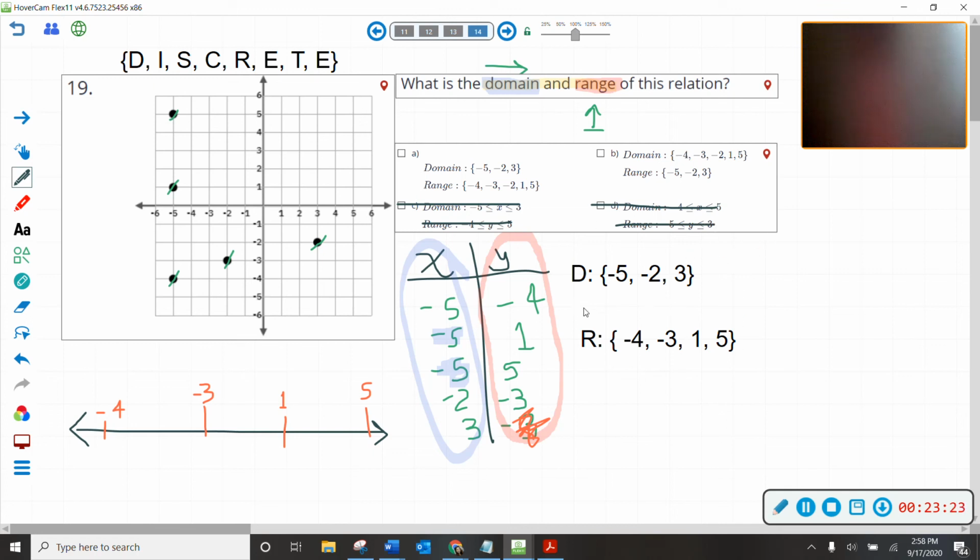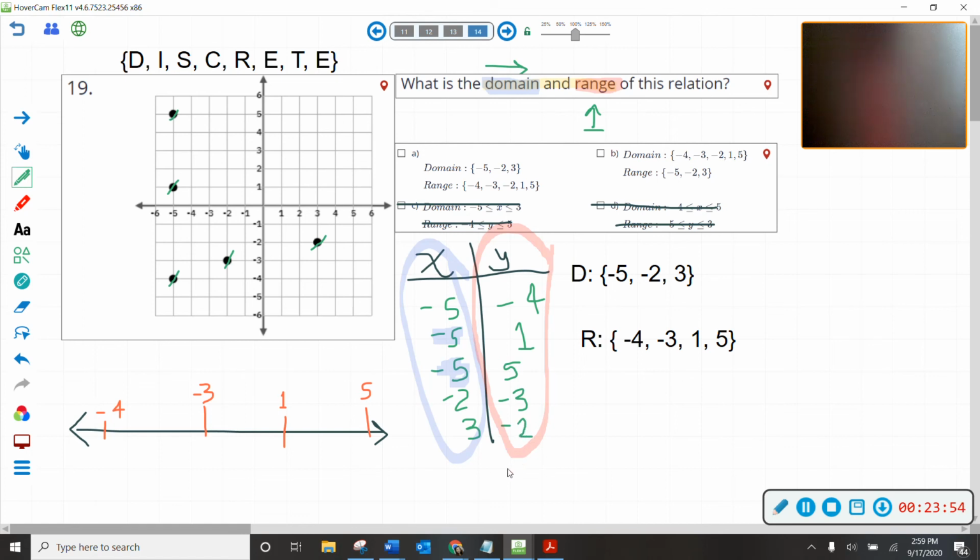Now, I already have my answer over here. It looks like the only difference between these two is that they had the domain, the X and the Y values, switched. So here we have -5, -2, 3, and -4, -3. Uh-oh, did we mess up and have a -2 missing here? Oh my goodness. I said it out loud correctly, but I wrote it wrong. Let me fix that. I told y'all to watch out for that. I said that was 3, -2, but I miswrote over here.